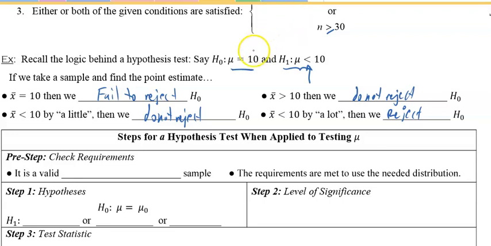If we're testing, the null hypothesis says the average didn't change. The alternative says the average is less than. If it's greater than, then the alternative wasn't really correct. If it's less than by just a bit, then we say it's about the same. But if it's less by a lot, then we say this is correct. What's a lot?